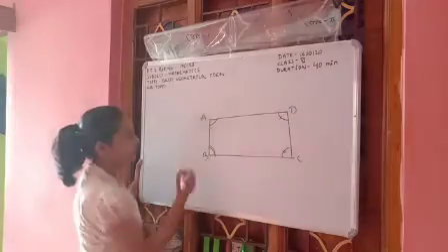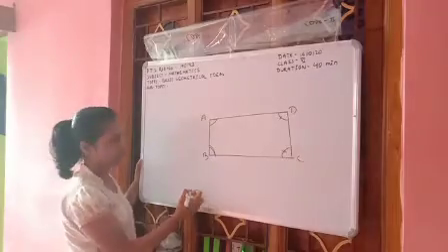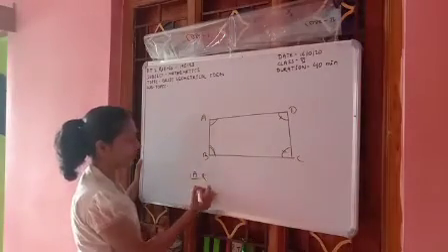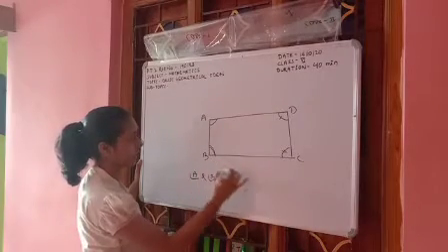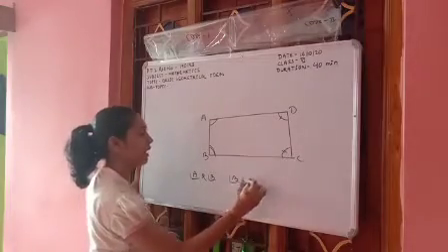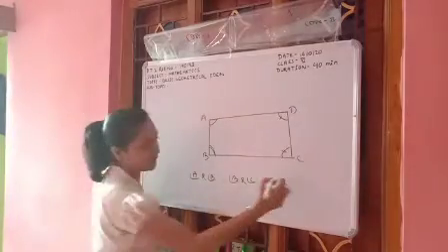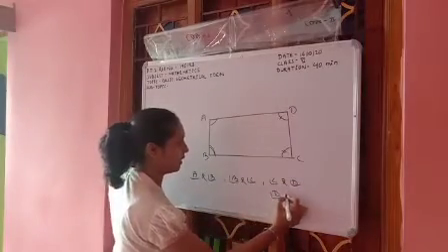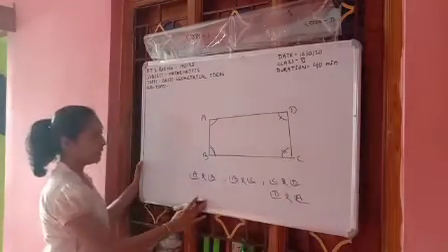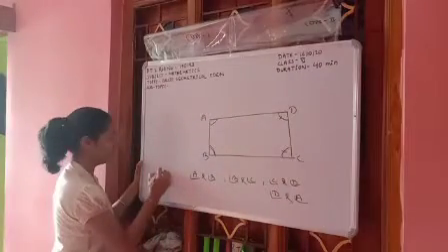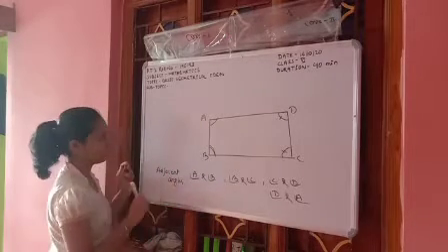The adjacent angles are the ones which are close to each other. Angle A is adjacent to angle B, angle B is adjacent to angle C, angle C is adjacent to angle D, and angle D is adjacent to angle A. These are the adjacent angles.